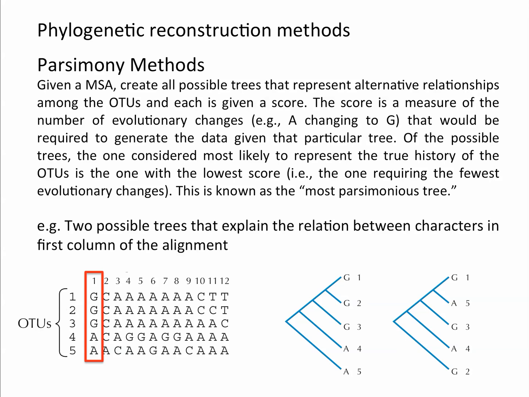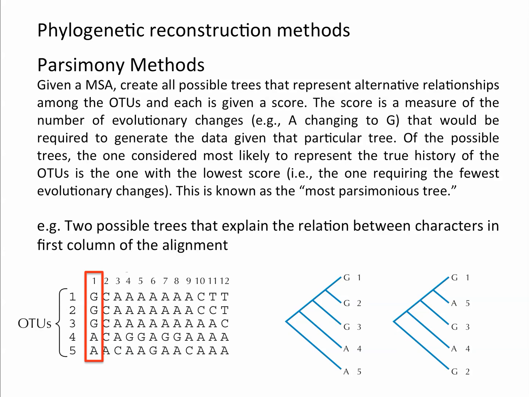Let's take a look at parsimony methods. Parsimony methods are based on the principle of Occam's razor that states that, other things being equal, the simplest explanation, or the most parsimonious one, should be the correct.